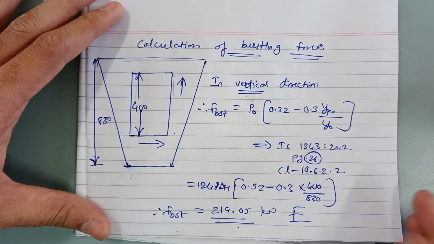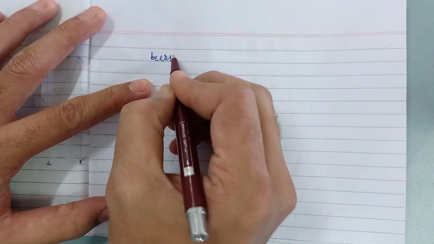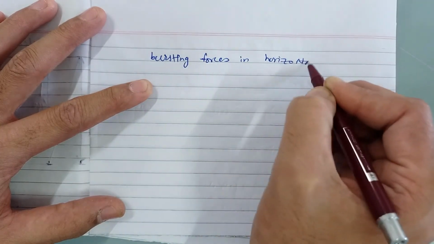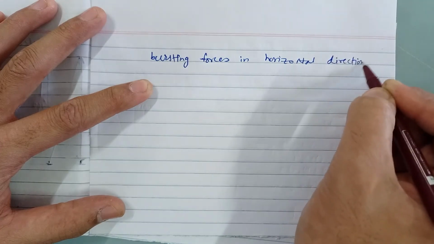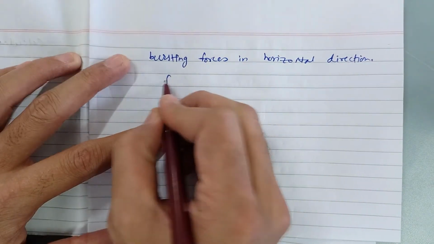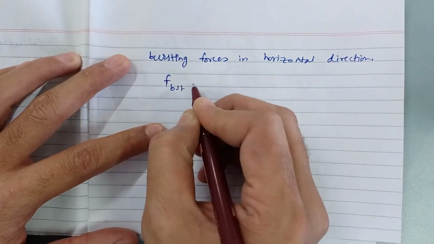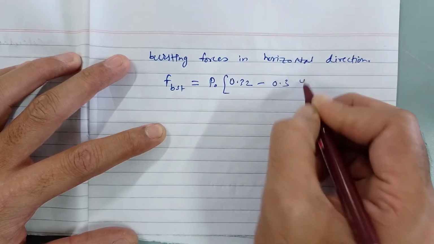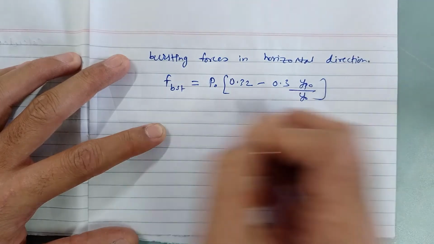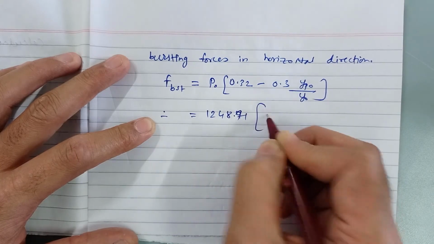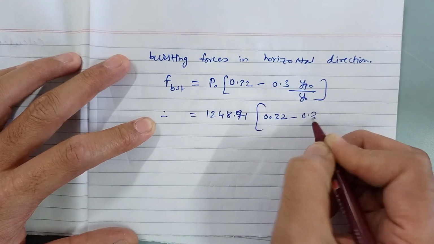Now we will be calculating bursting forces in horizontal direction. By the same formula from page number 26 of IS 1343, P0 into 0.32 minus 0.3 into YPO divided by YO, we get 1248.71, 0.32 minus 0.3 into YPO.